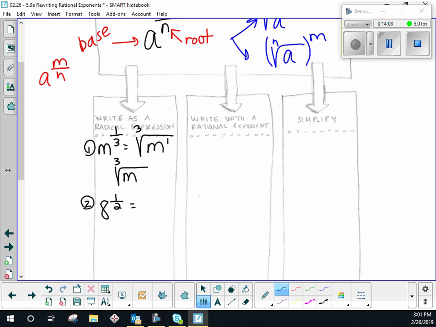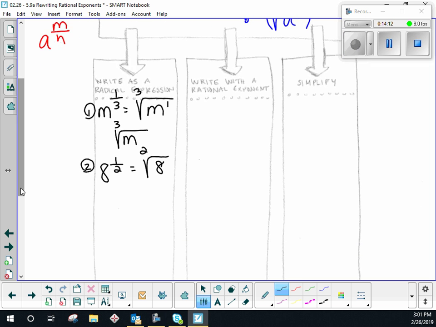All right, so I see this on your papers. This is an actually interesting problem because this right here, 8 to the 1 radical 2 is fine. But in this particular problem, that 1 I don't have to write, and that 2 I don't have to write. Right?